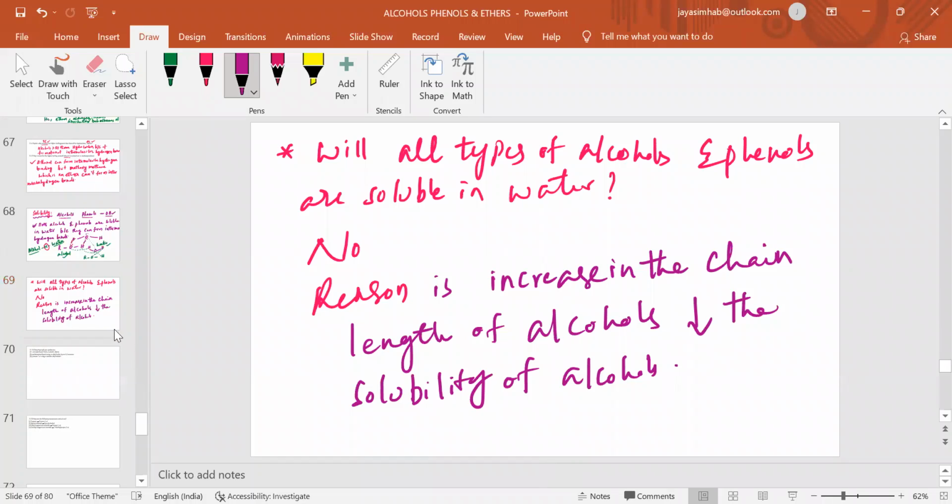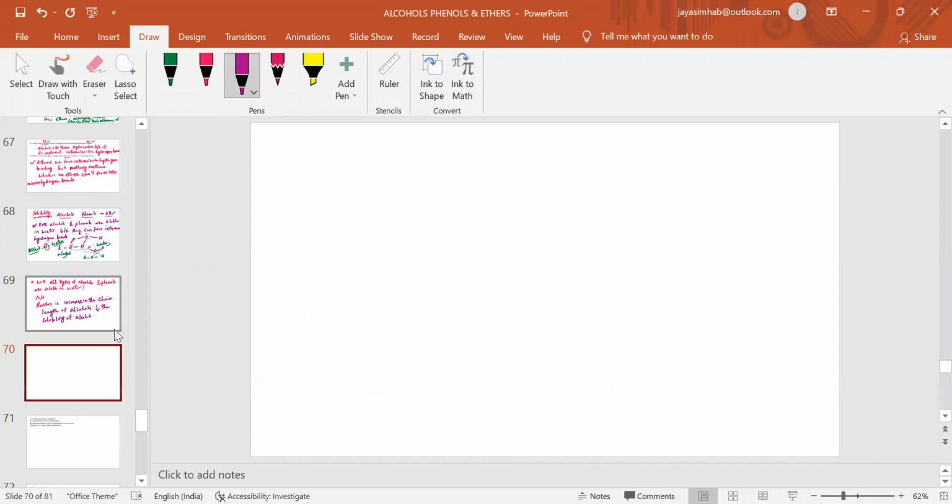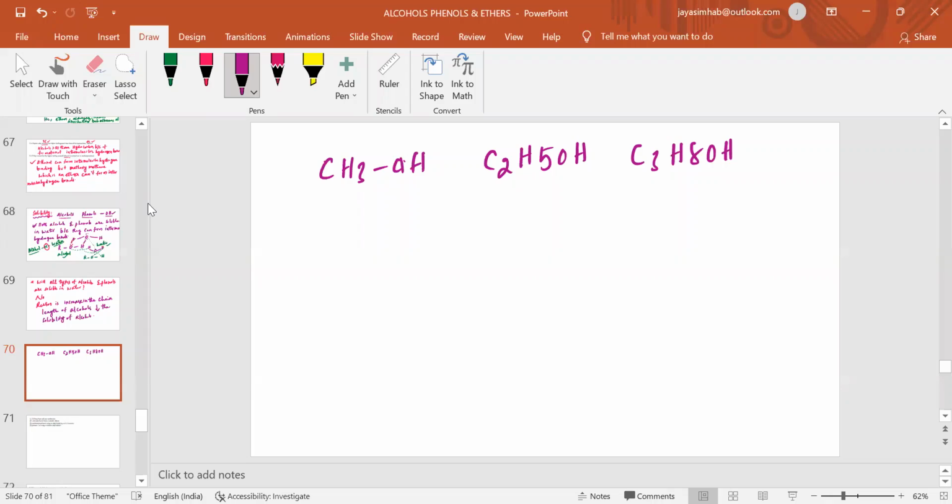What it means, you can see here. Suppose CH3OH, C2H5OH, C3H7OH. Like this, these will be easily soluble. If we take the order of solubility, methanol will be more soluble than ethanol.